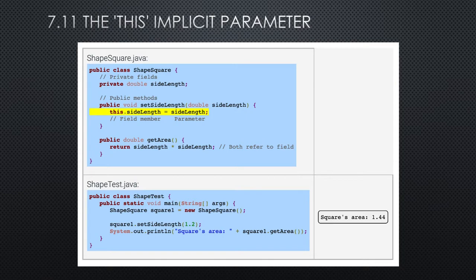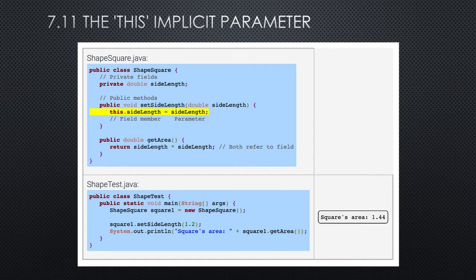And within the member method, the implicit object reference is accessible by the keyword this here, right? Okay, so square's area gets square, it's basically multiplication of 1.2. Okay, right.